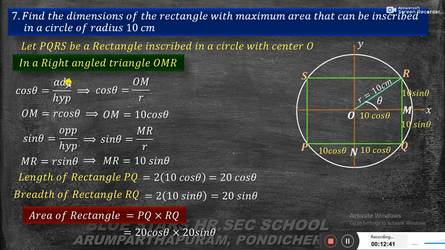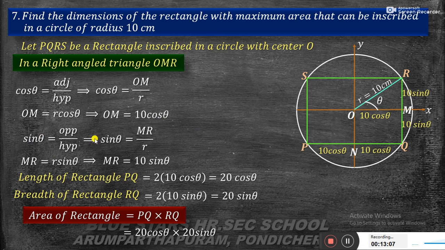Cos theta equal to adjacent side by hypotenuse. The adjacent side is OM, so OM by hypotenuse. Hypotenuse means OR, which is a radius 10. So OM by R, R equal to 10. Therefore OM equal to R cos theta, which is 10 cos theta.